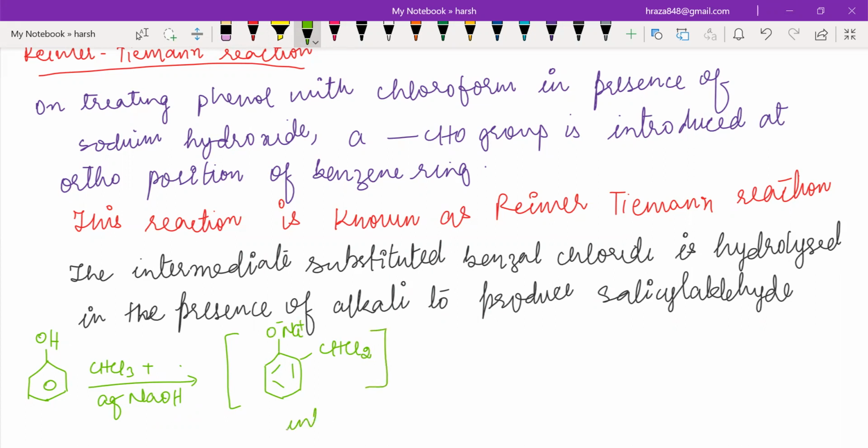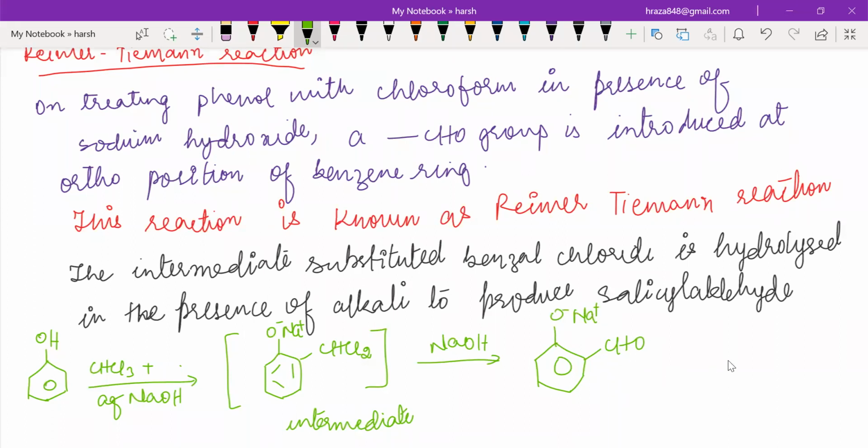This intermediate is treated with alkali NaOH, then a phenoxide ion will be formed, introducing CHO at the ortho position.